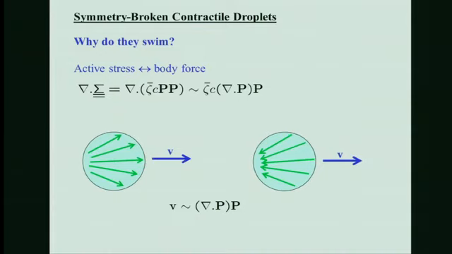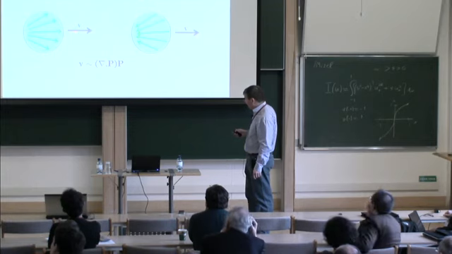Okay, so let's put a little bit of physics onto that. So why do things swim if I do have this distortion? So here's the cartoon. Here is a droplet in which I've got some, in this case, splay. And this, it will turn out in a minute, will move to the right.